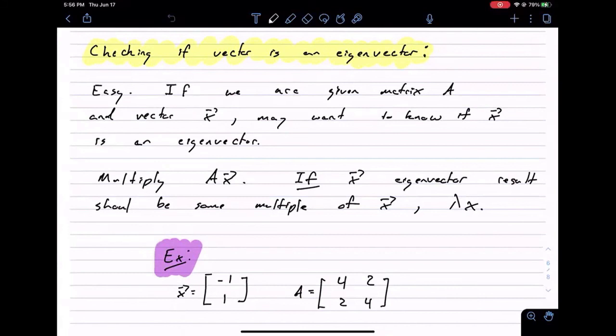So we're given a matrix A, we're given a vector X, and we're asked if X is an eigenvector of A. We just multiply A by that vector X and then look at the result.